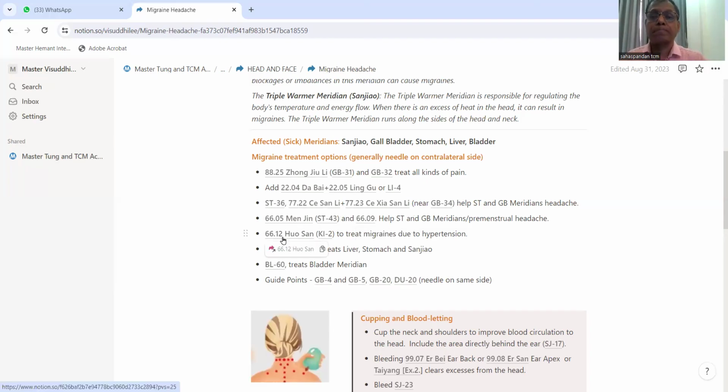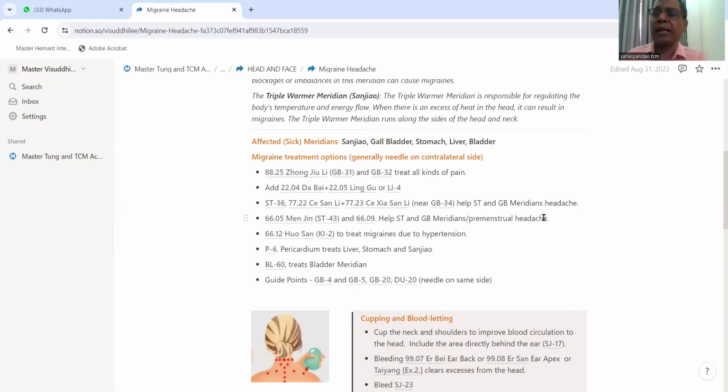And 66.05 is ST43, and 09 for the head, stomach and gallbladder meridian. That is for premenstrual headache.